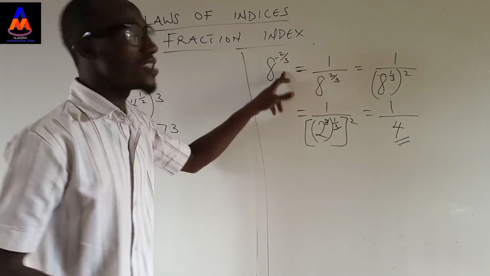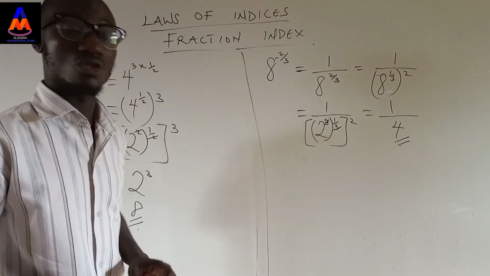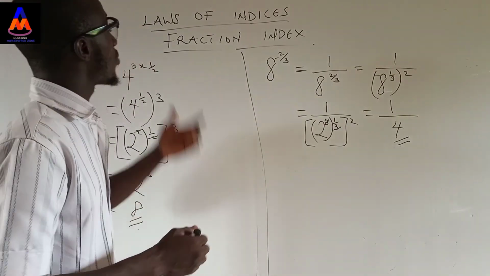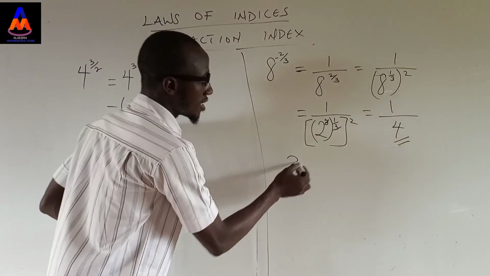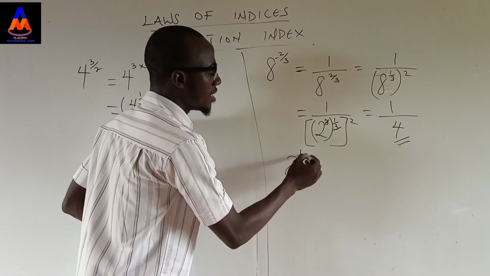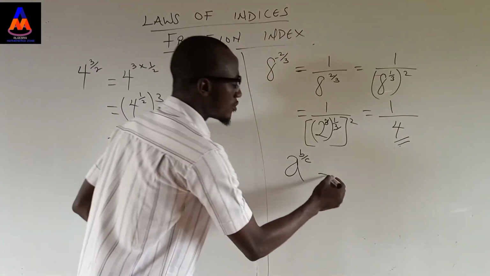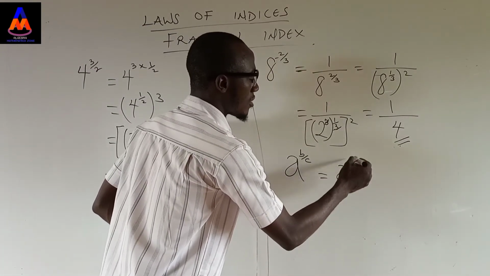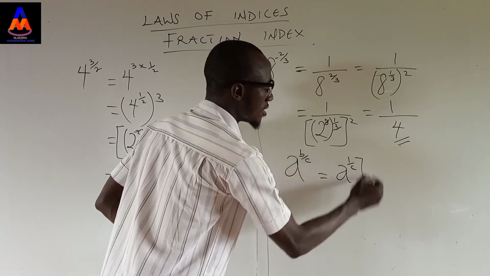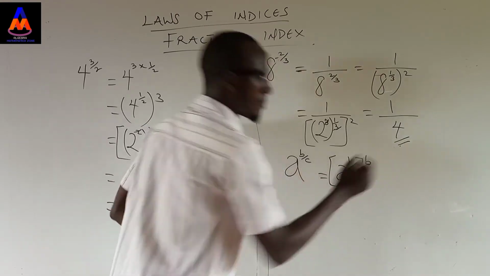So we have the negative index given to us, we have the positive index given to us. Generally speaking, when you have a fractional power, let's say a raised to power b over c, mathematically you have to express this as a raised to power 1 over c, into bracket b.